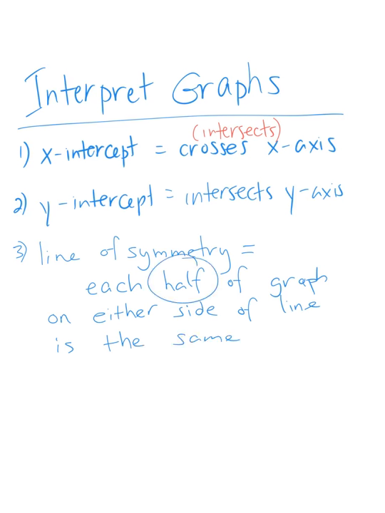So each half is the same. So it basically splits the graph in half. Not all graphs are going to have a line of symmetry. Only some graphs are going to have a line of symmetry.